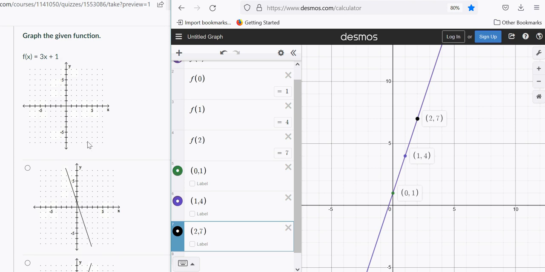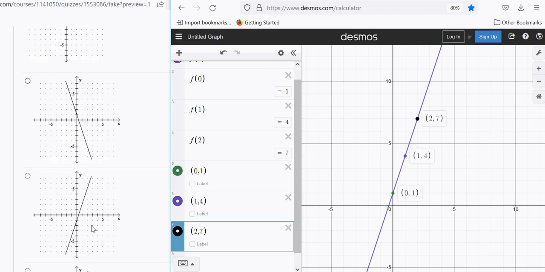So then which one will be our choice? You see here the intersection between the graph and the y-axis is 0, 1. So then it sounds like here is 0, 1, but this line goes down from left to right.